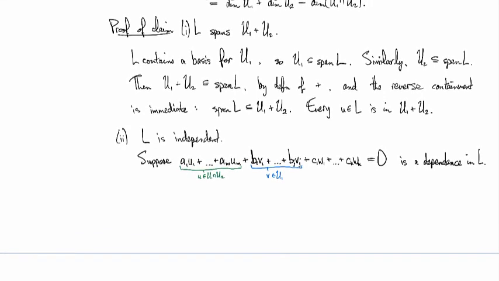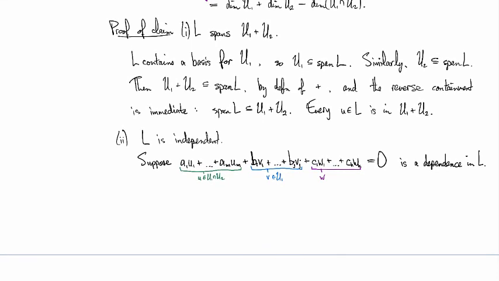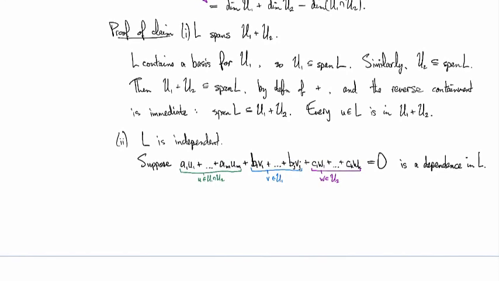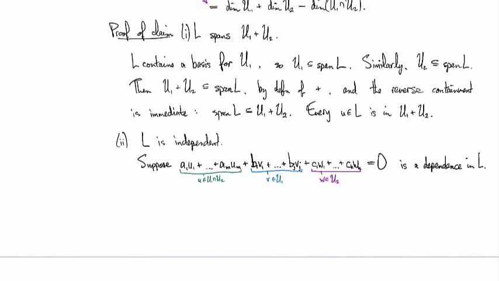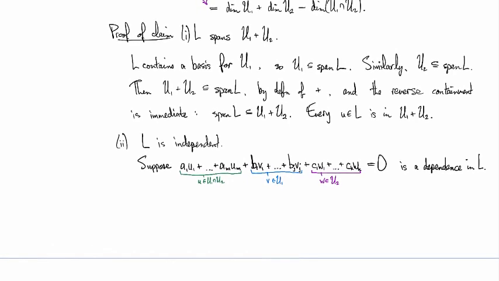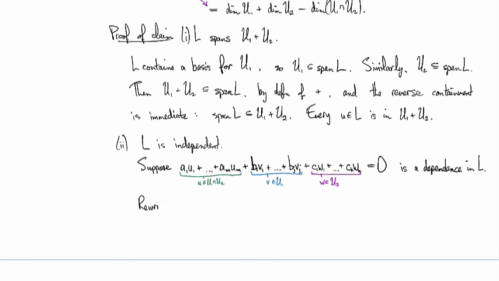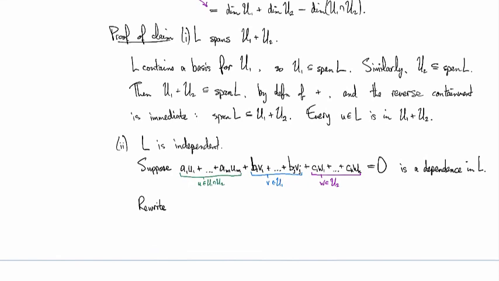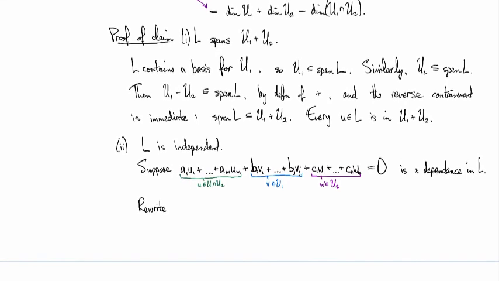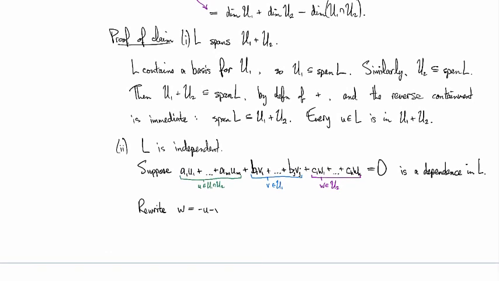And then this thing that's made out of w's here, I'm going to call w, and it is an element of U2. Okay, so now what I'm going to do is rewrite w a couple different ways. It's amazing how much can be accomplished in mathematics just by rewriting something a different way. So if in doubt, push the symbols around on the paper for a little while. Maybe we'll get lucky. So rewrite w as minus u minus v, right?